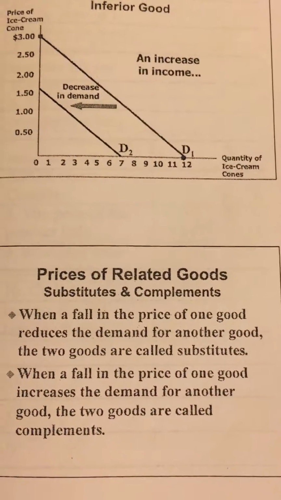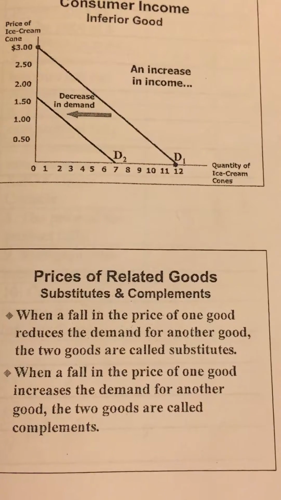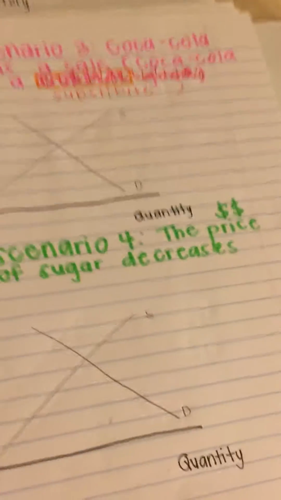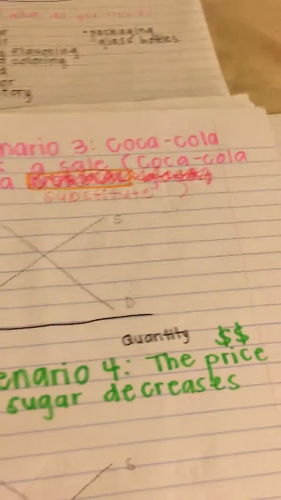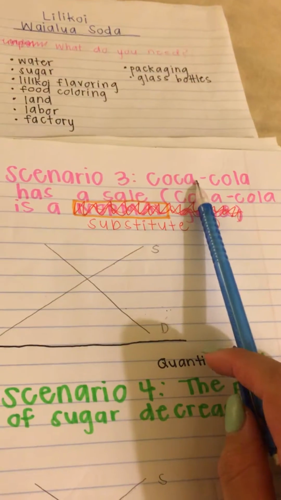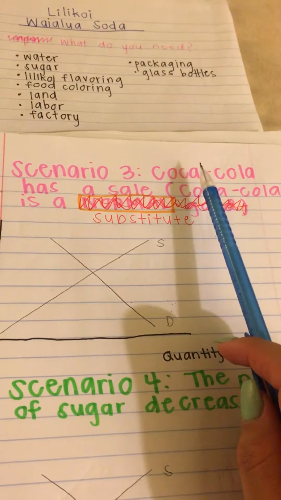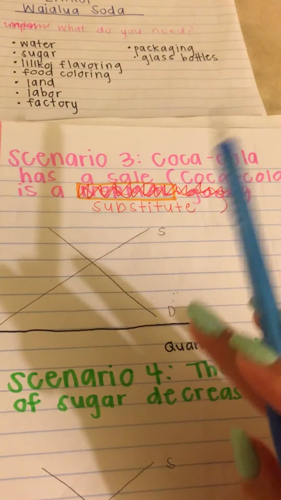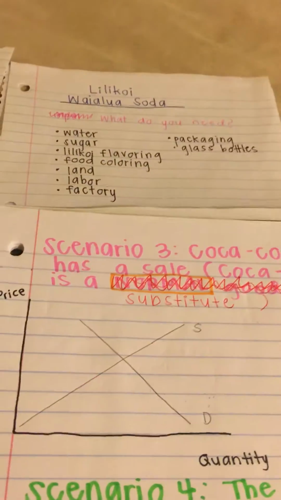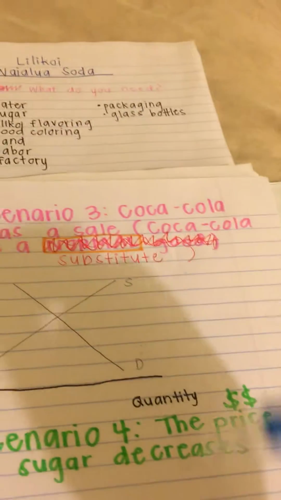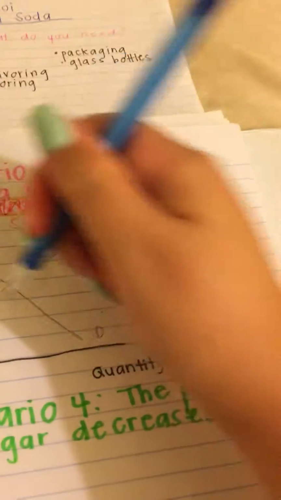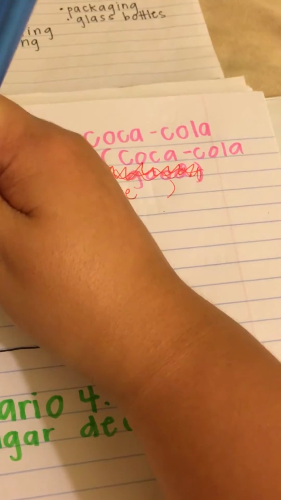It says, when a fall in the price of one good reduces demand for another good, the two goods are called substitutes. So basically what is happening here is that if the price of Coca-Cola decreases, then our demand for Wailua soda is going to decrease. So we're going to see a shift to the left because we're going to go out and buy more Coca-Cola.